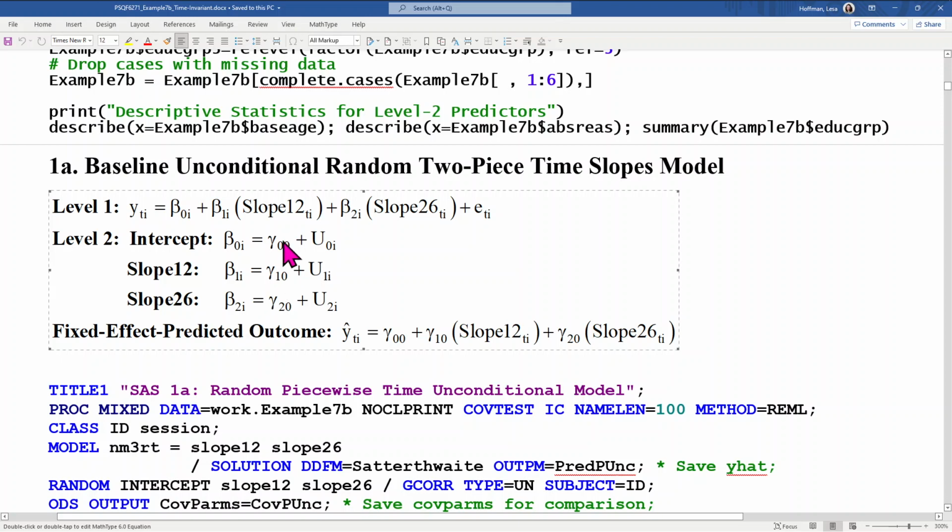And the gammas here, the y-looking things that start each of these level 2 equations, those are the fixed effects. So fixed intercept, fixed slopes. The u's are the random effects, so they are there to represent the idea of individual differences. Rather than estimating a u per person, we instead estimate the variance of the u's across people as the model parameter.